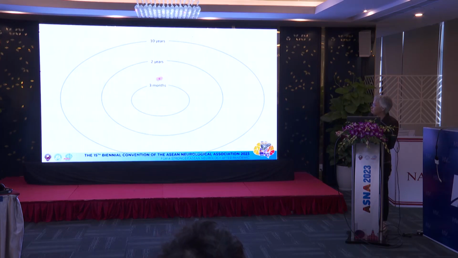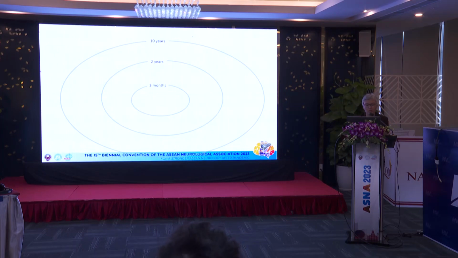So you can draw, the first one is before 3 months. You can make 1 month if you want to stick with the very specific neonatal forms. The second one is 2 years. So this is neonatal, this is infancy, and then the third one is 10 years, this is childhood. And after 10 years, it's adolescence and then adulthood.